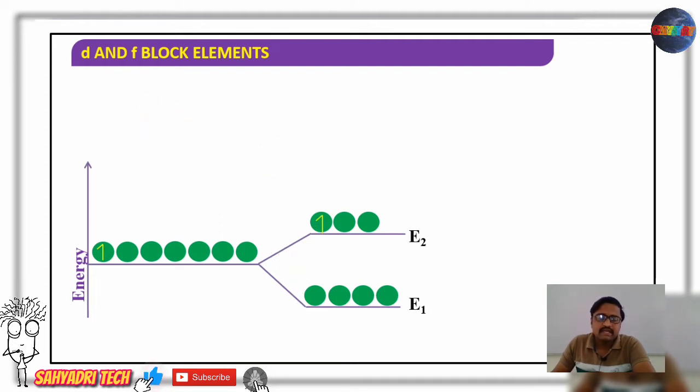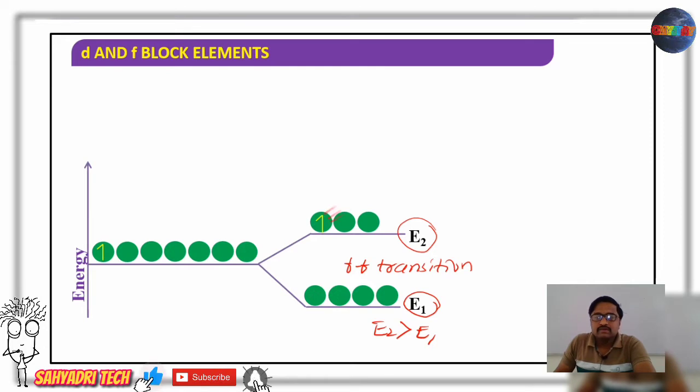So there involves an f-f transition, like the d-d transition. The electron is transferred from one f orbital to another f orbital, from the lower energy level to the higher energy level, that is E2 is greater than E1.